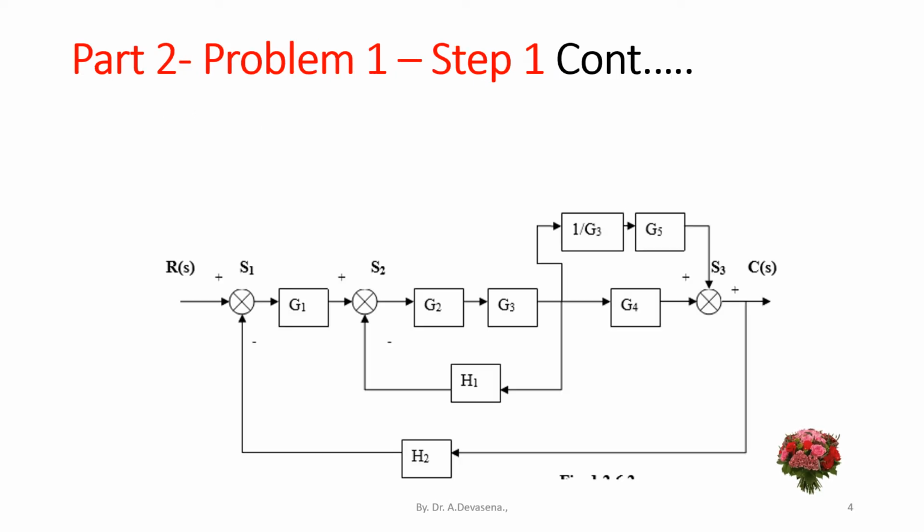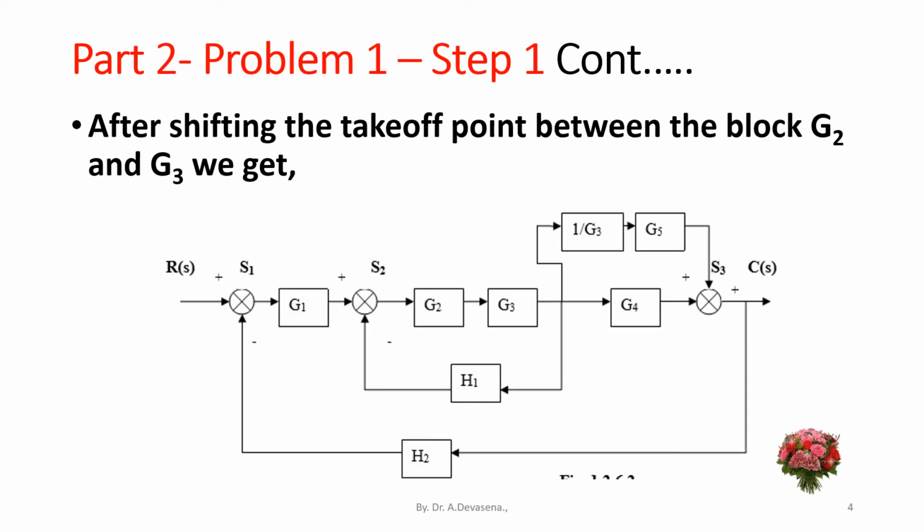Here is the block diagram. After shifting the takeoff point between the blocks G2 and G3, we get the block diagram like this. So initially the takeoff point is located between the blocks G2 and G3. Now it is being shifted after the block G3.